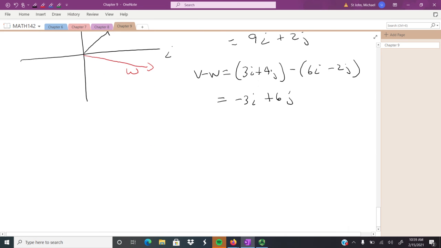Other rules, well, if I do V plus 0, we just end up with V. And if we do V plus a minus V, we get to 0. Okay. We can also multiply by a scalar.